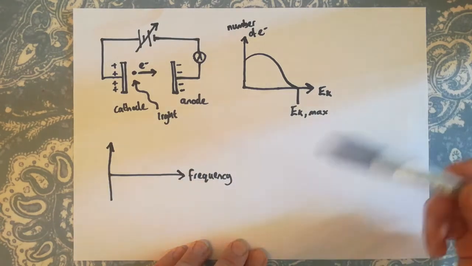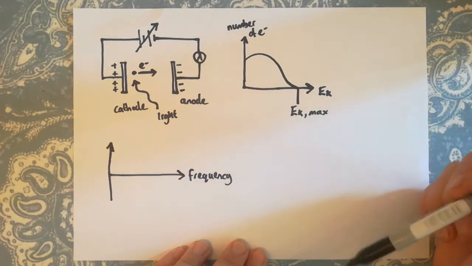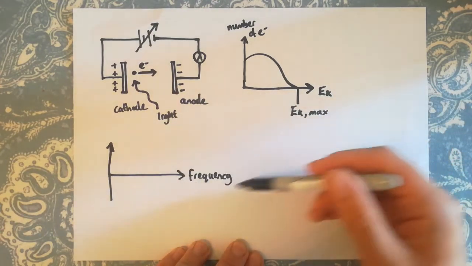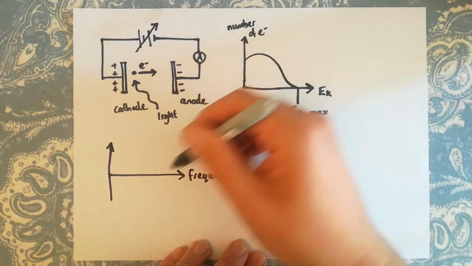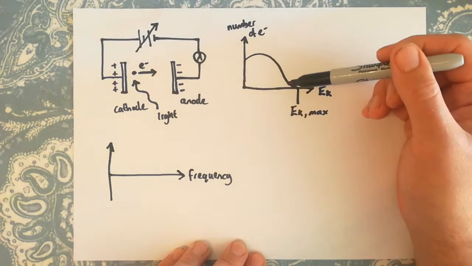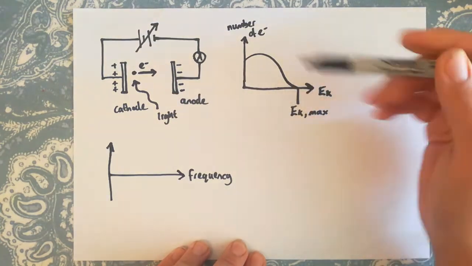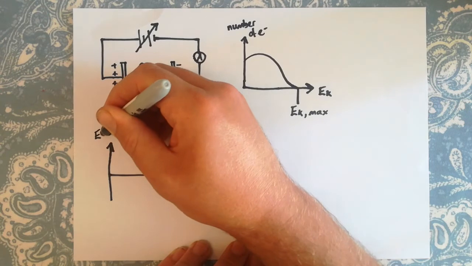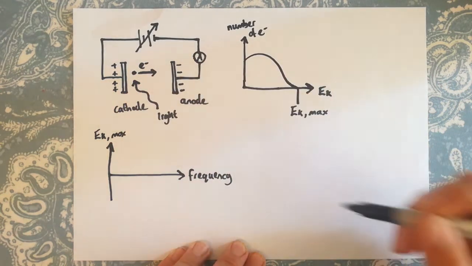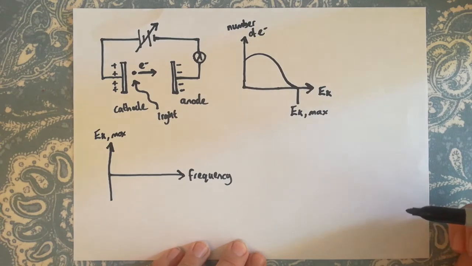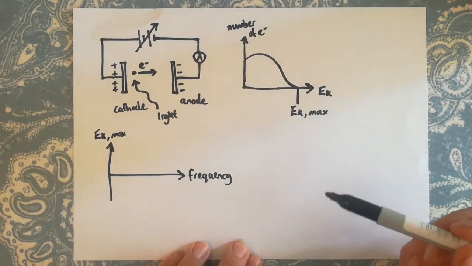Our understanding of photons is really a result of doing this experiment. So they would have been thinking about this in terms of changing the frequency of the light. And for each frequency, we could measure the kinetic energy of the fastest electron, the most energetic electron that's emitted from the cathode.